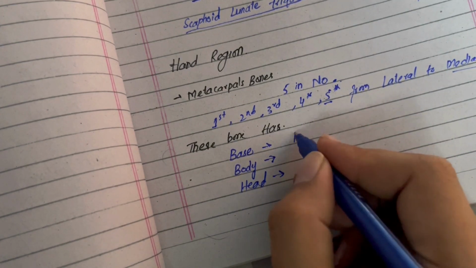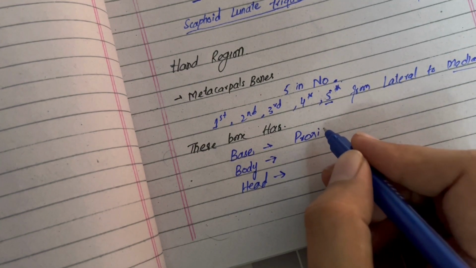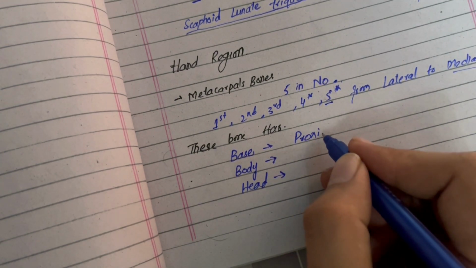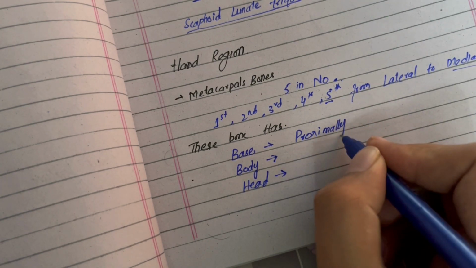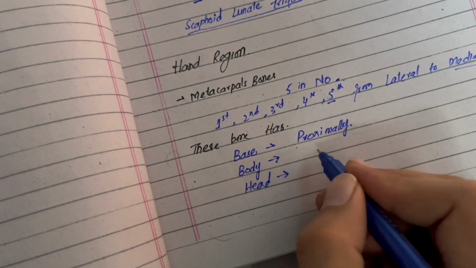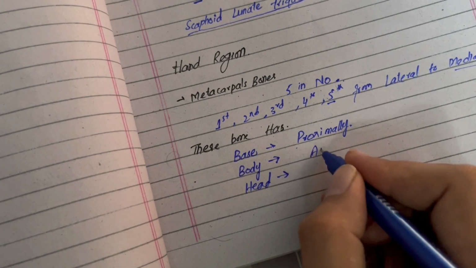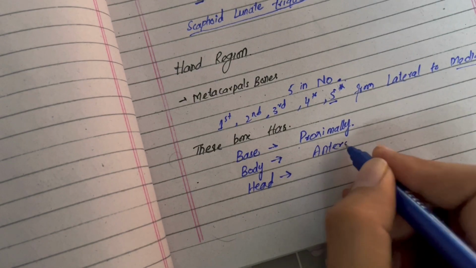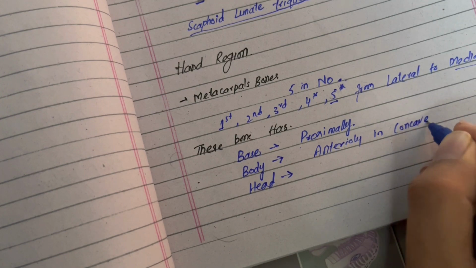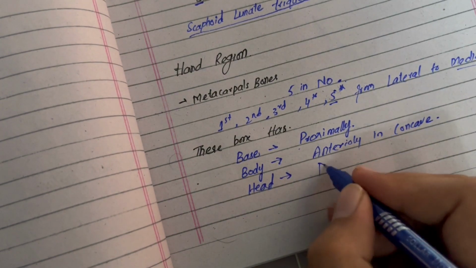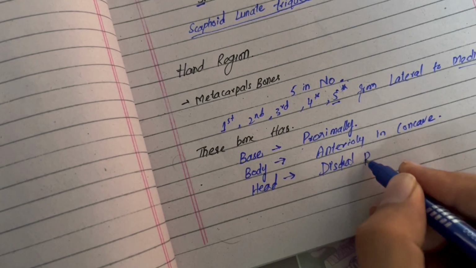The base, the most proximal part of the metacarpal bone, is followed by the body, and the body is anteriorly concave in shape. The head is the most distal part.